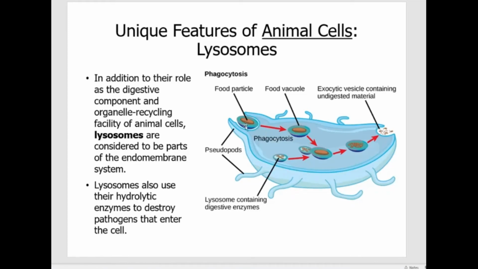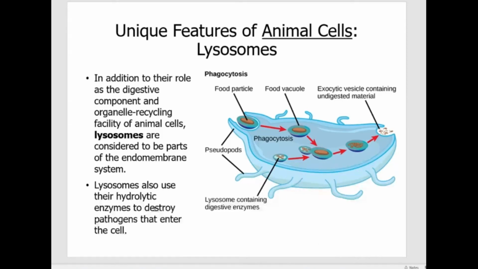The bacteria cell is transported inside the cell, and then the lysosome, and these little dots are the hydrolytic enzymes. They're very strong in breaking things down. The lysosome can come in and fuse with this vacuole or vesicle, and then the enzyme is going to destroy the bacteria.